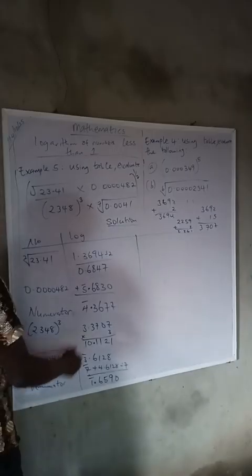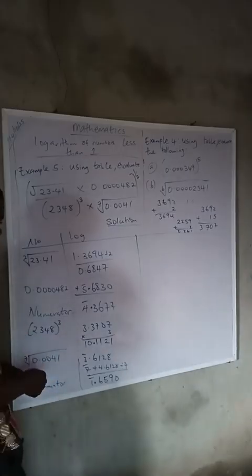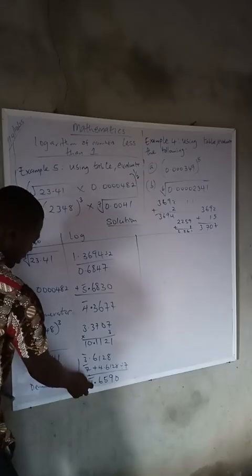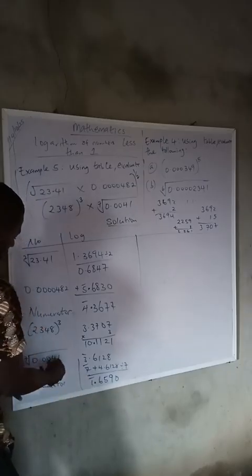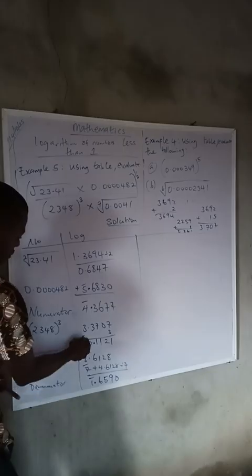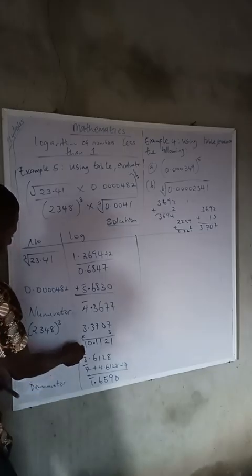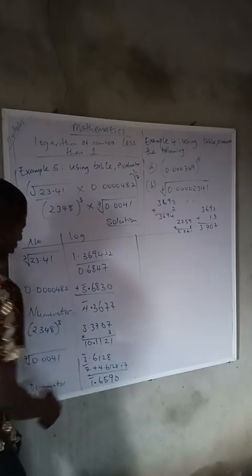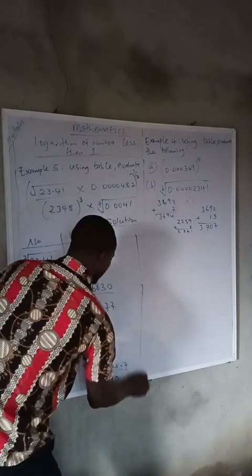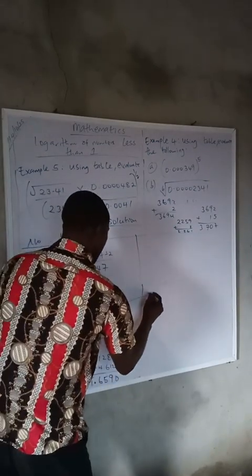that we have to add them together. So we are going to add the values of the denominator, which is this 10.1121 and this. Before I do that, let me quickly bring this out.